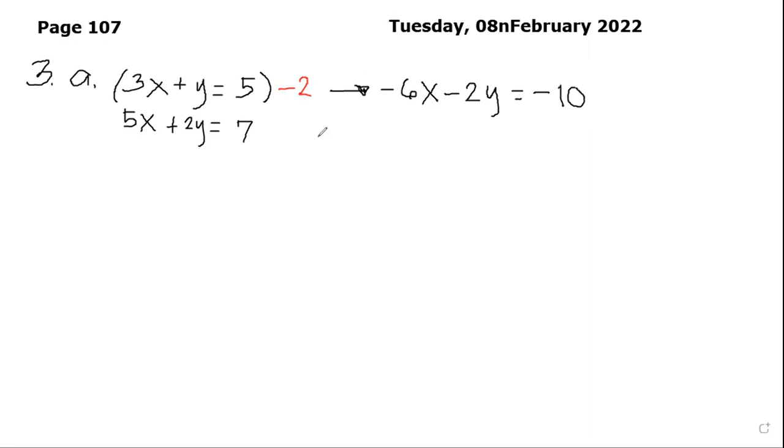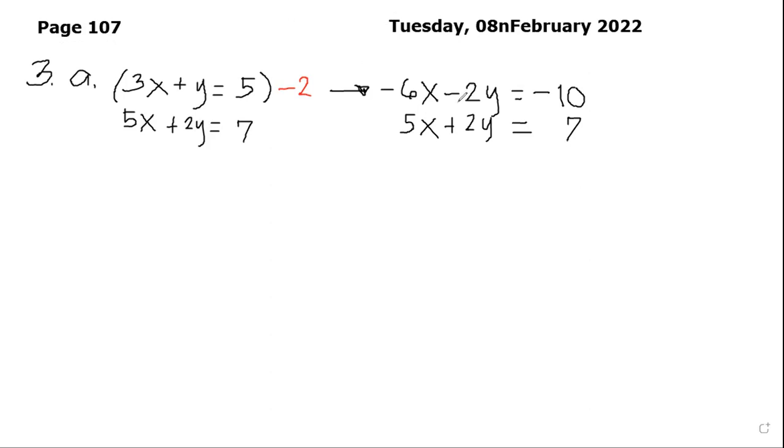And the second equation is 5x plus 2y equals 7. So you can now eliminate. What can you eliminate, y or x? Students, y or x?